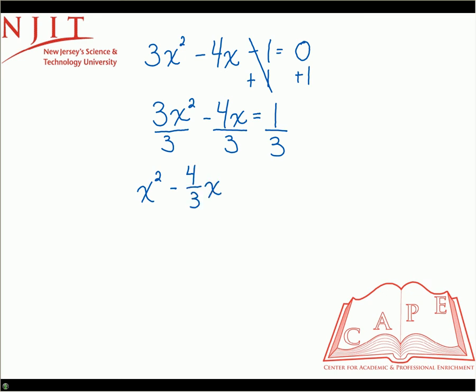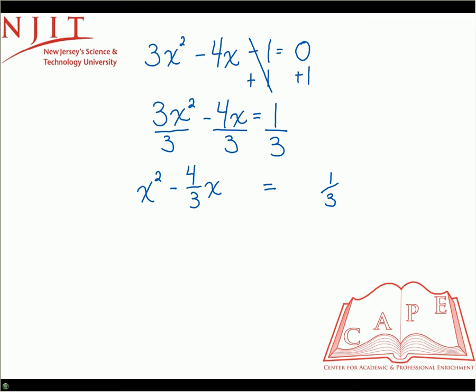Now I'm going to put some space here and on the other side of the equal sign. So I'm going to put the equal sign over here. The reason I'm doing that is because we're going to fill those spaces in with numbers in a second. And then 1 over 3 is simply 1/3, and I'm going to put that over here, again because we need to leave some space to fill in to do completing the square.